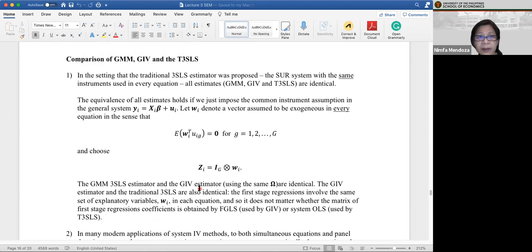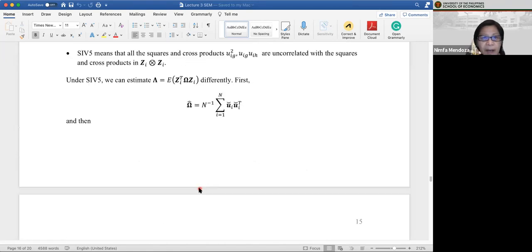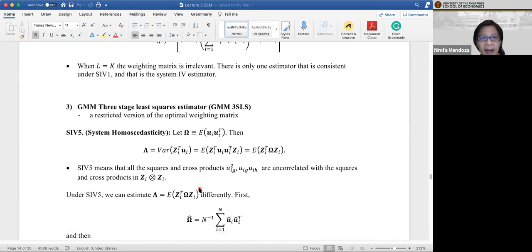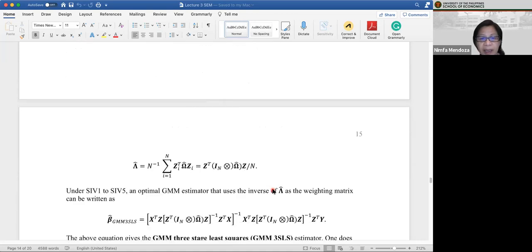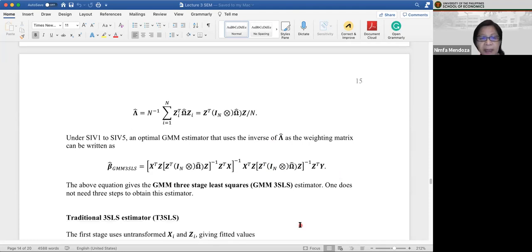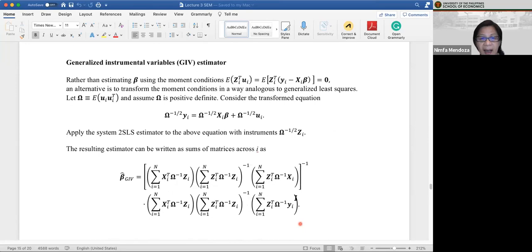Okay. So if you have the same set of instruments in every equation, then you have the GMM three-stage least squares estimator. This estimator would be identical to this estimator.